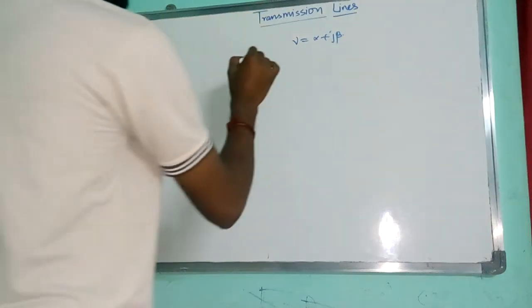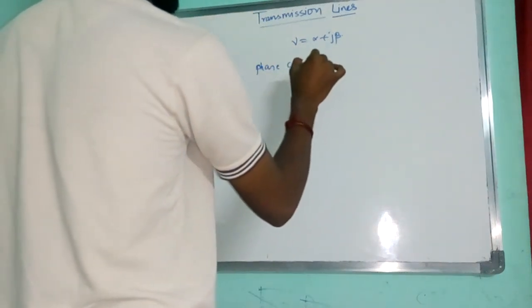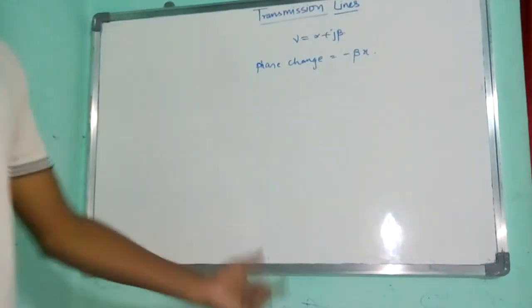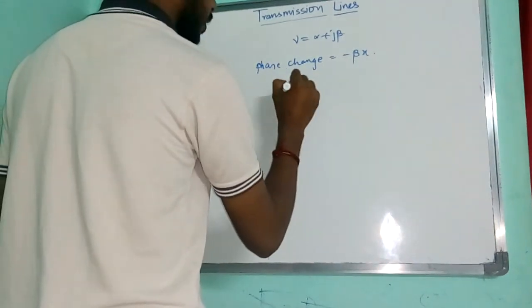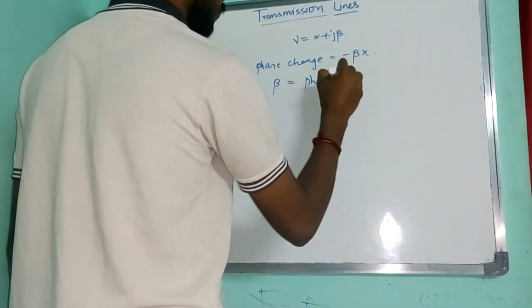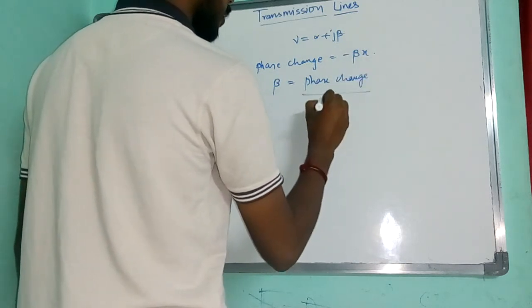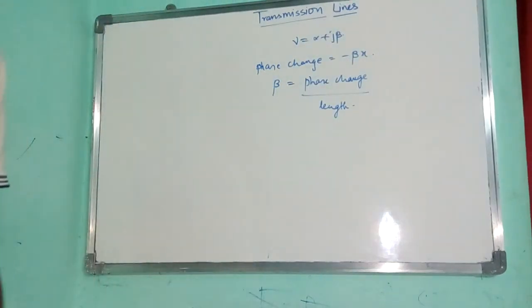So I'll take the phase change as minus beta x, which I got in the earlier equation. So beta is defined as the phase change per unit length. Phase change per unit length.